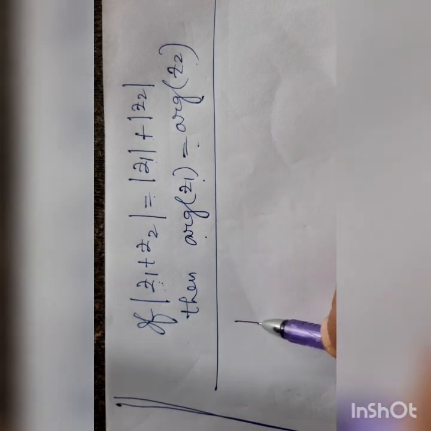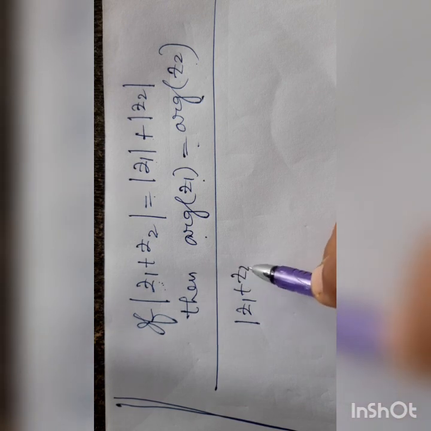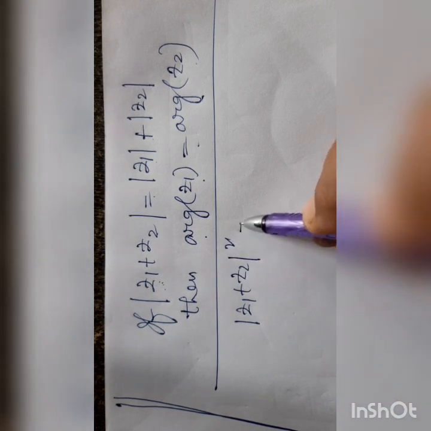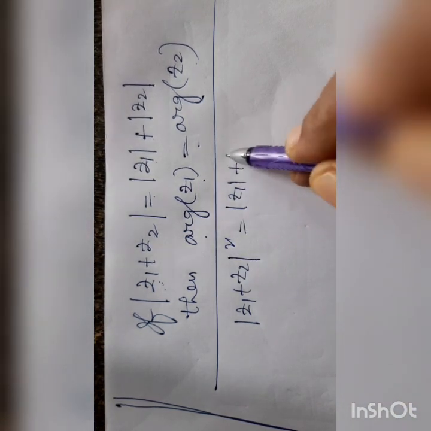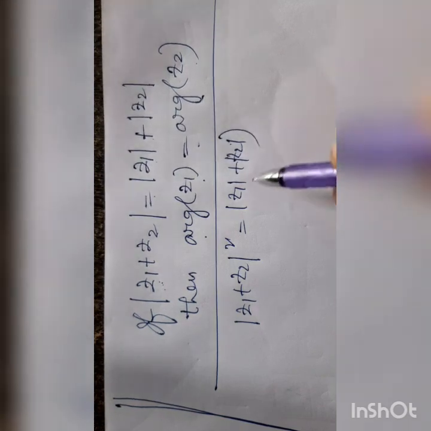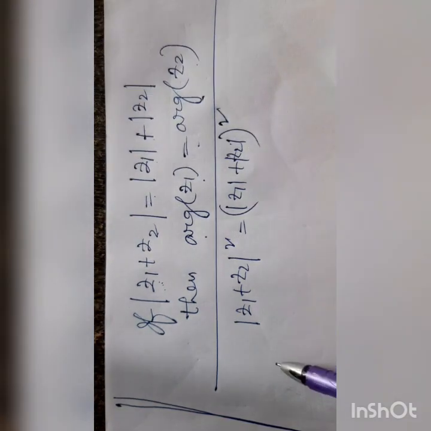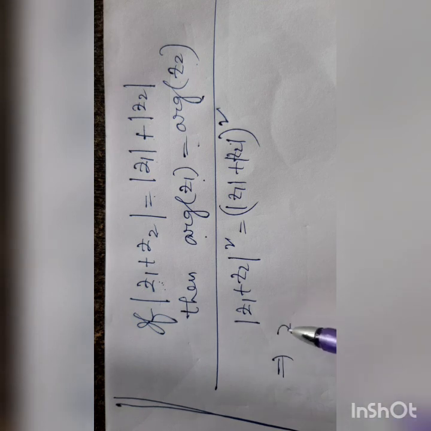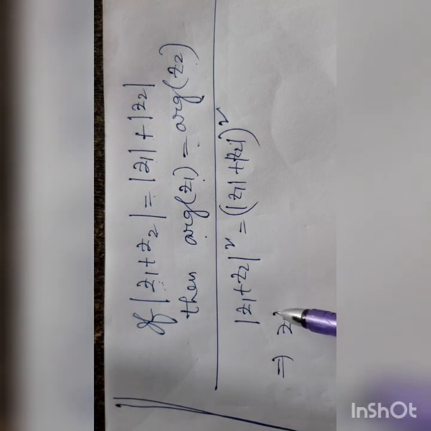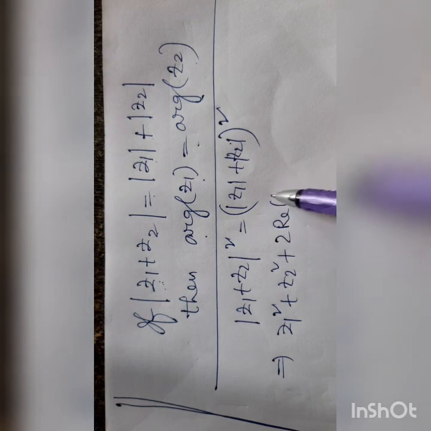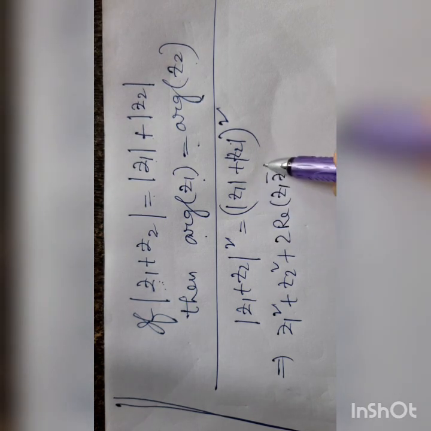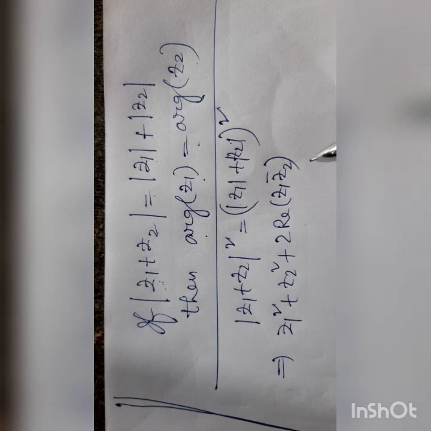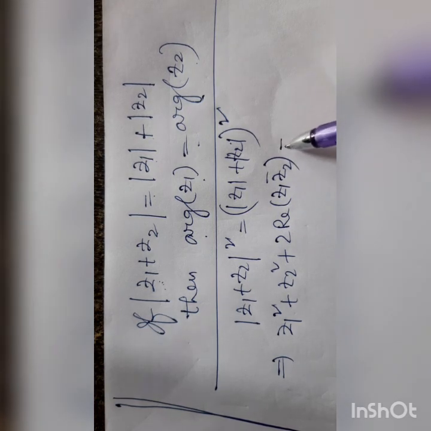Just square both sides. You know this is Z1 square plus Z2 square plus 2 Re of Z1 Z2 bar. Before this, I have given, you have to follow.